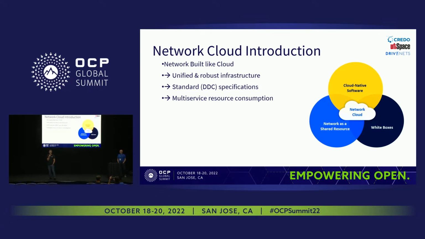We have devices. These devices have hardware resources. The NPU has all sorts of network resources. There is a CPU there, and all of these are essentially resources that can be consumed or assigned to certain tasks. And this is exactly how our implementation of a DDC works.